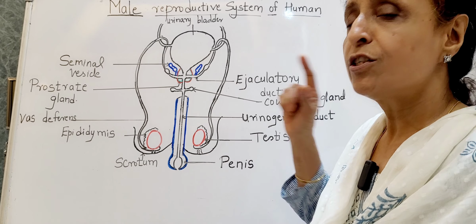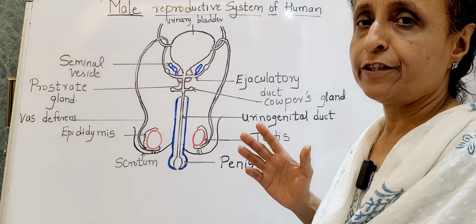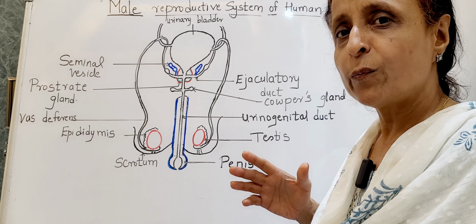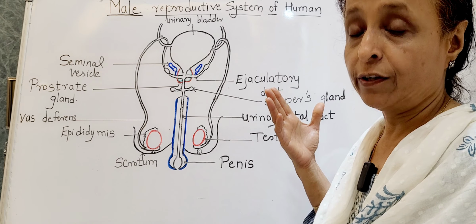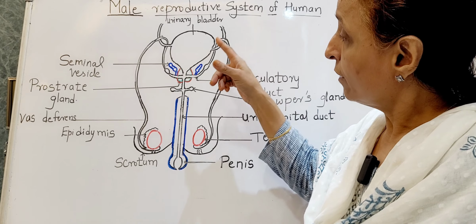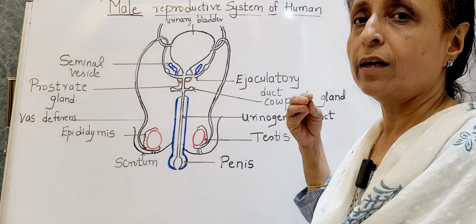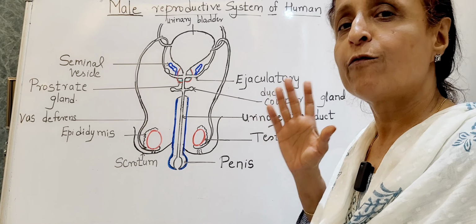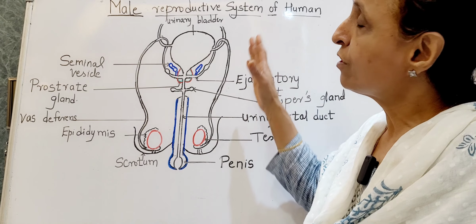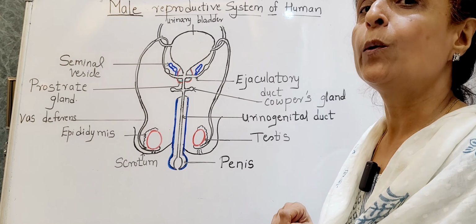This fluid will help to maintain the alkaline condition. Once it is in the vagina, it will go to the oviduct for fertilization. The fluid will help it swim and reach the oviduct for fertilization. So this is how the male reproductive system of human works.